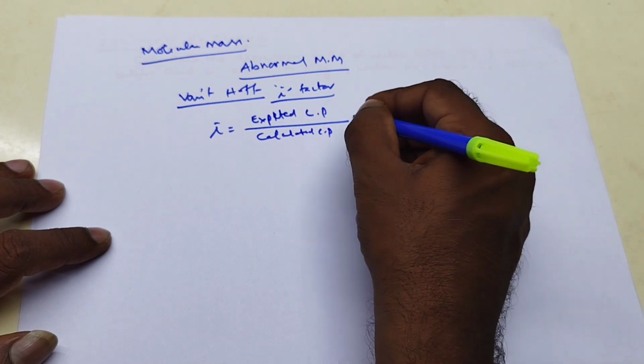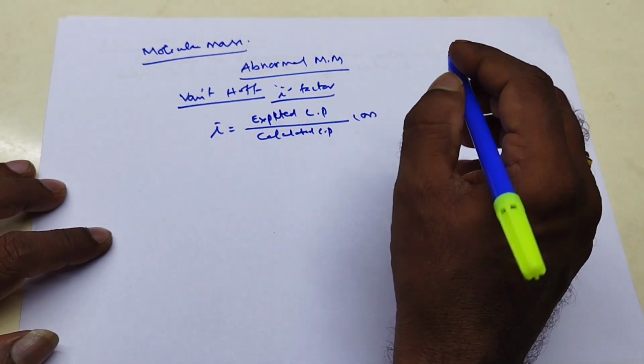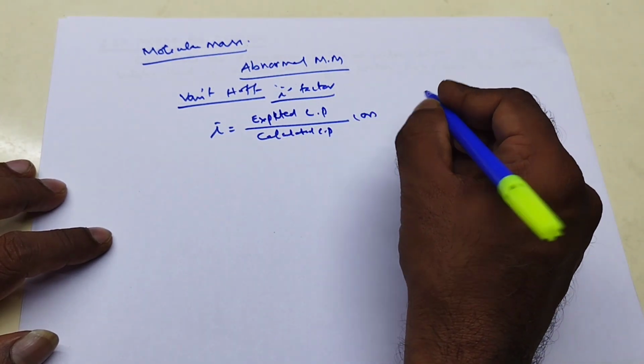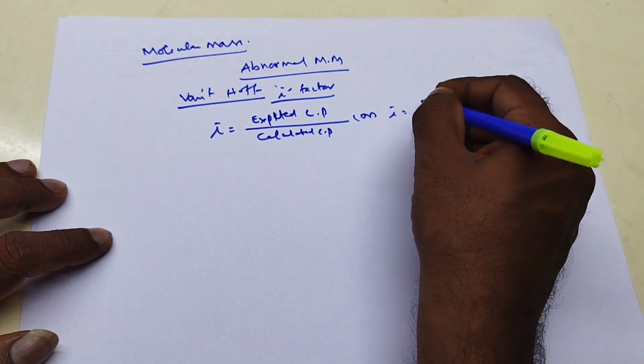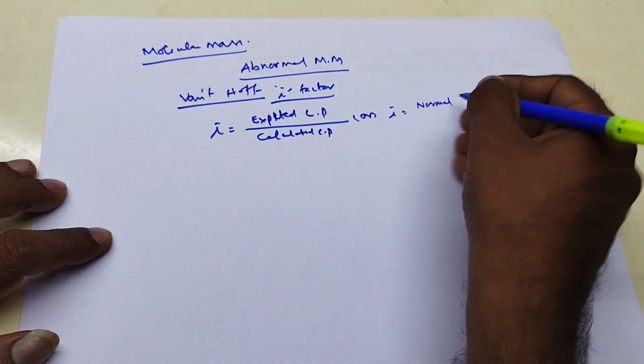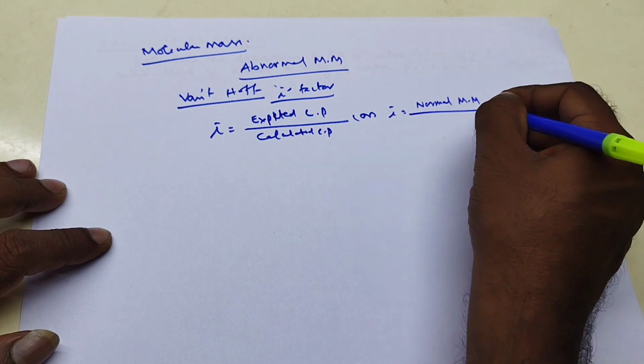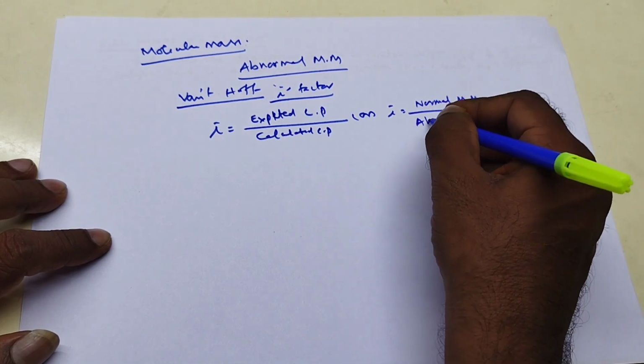Or otherwise, the colligative property is inversely proportional to molecular mass, so i is equal to normal molar mass by abnormal molar mass.